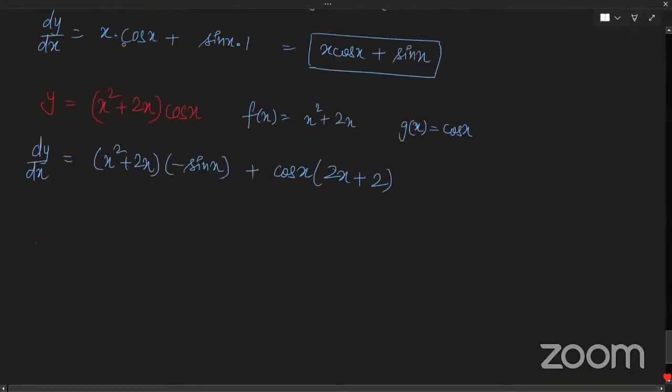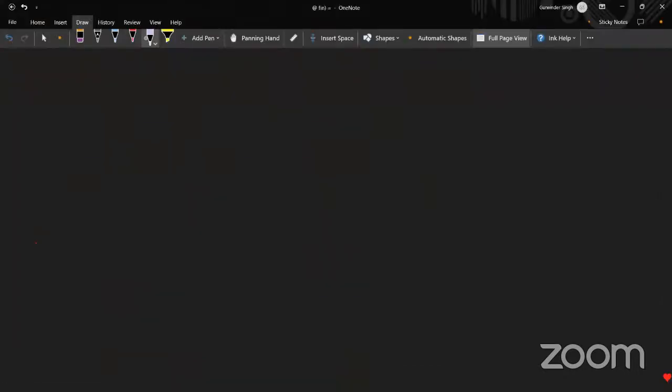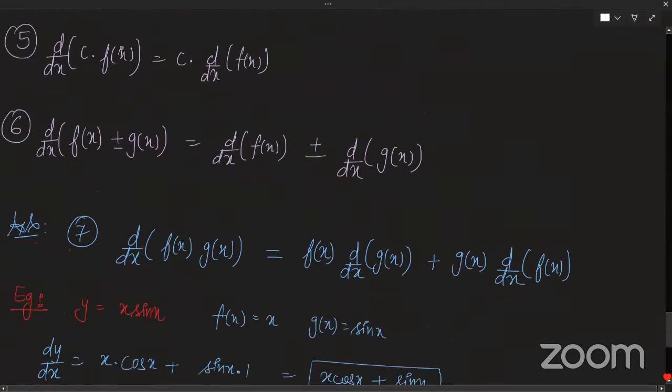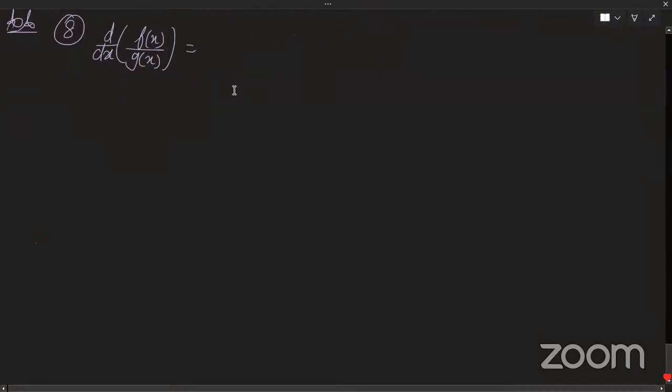Okay, so let us look at one more case, the division case. So how do we do it when you have got two functions in division?